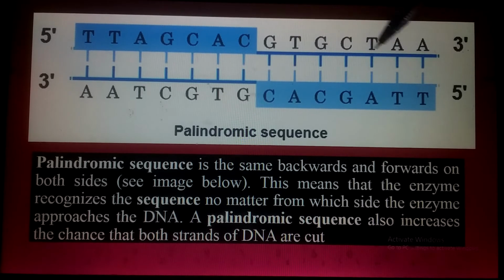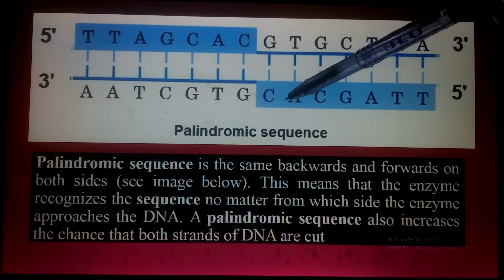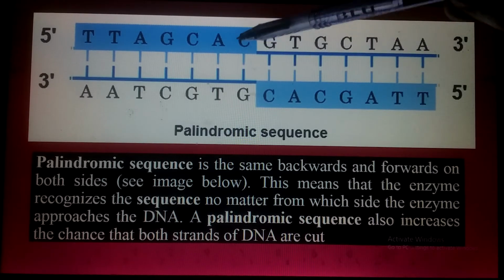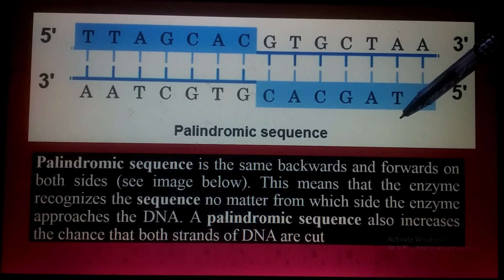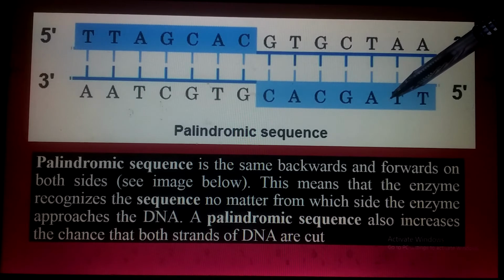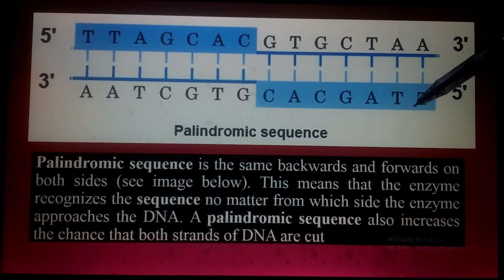And on the other hand, you can also read from here TTAGCAC. So both the sequences on both strands from 5 to 3 are what? They are the same. So these sequences are the palindromic sequences at which the restriction enzyme cuts, and those sites are known as restriction sites.